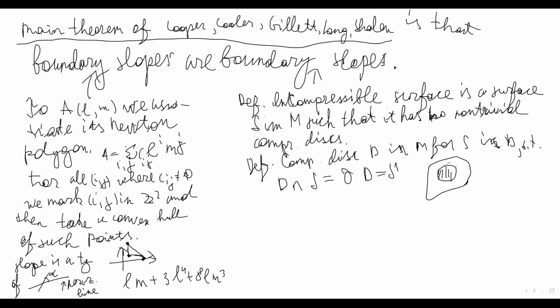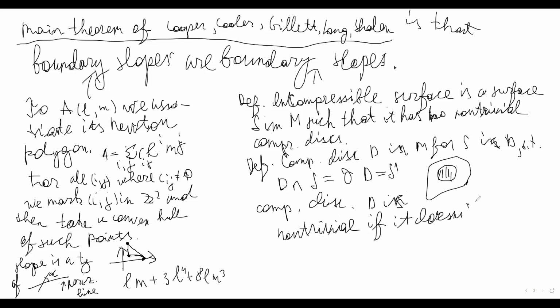Again, if the boundary circle of D will bound again a disk inside of S, then it is not interesting, but it is non-trivial if it doesn't bound a disk in S. So a compression disk D is non-trivial if it doesn't bound a disk in S.